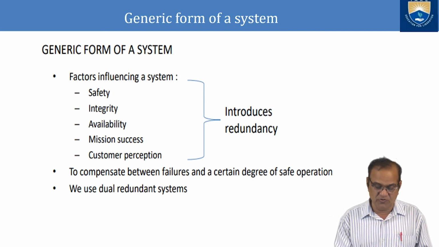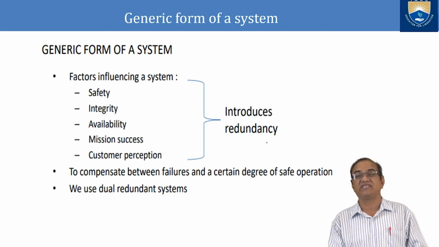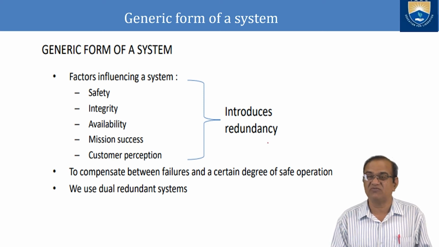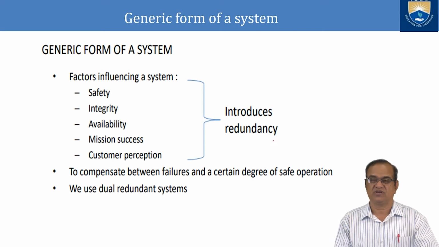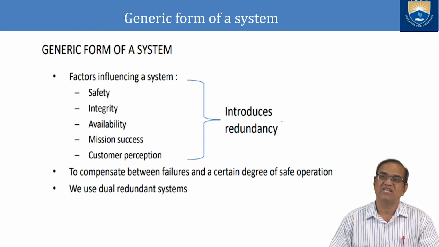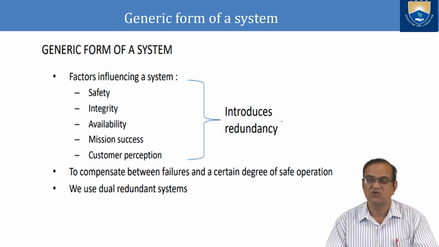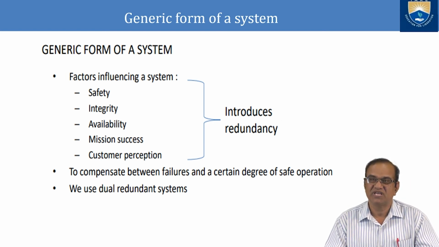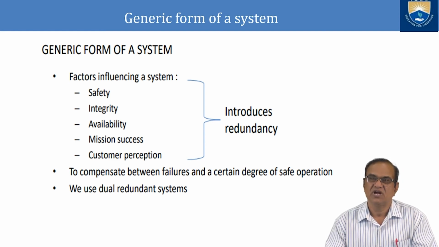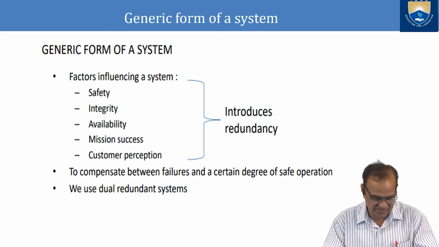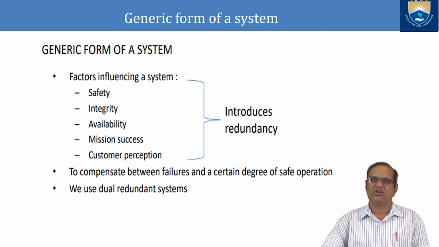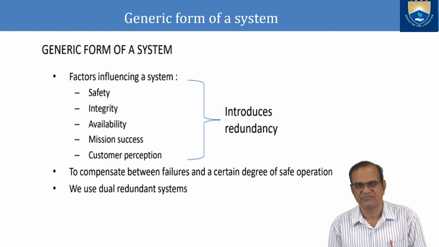If you make all this good, then it will introduce redundancy. The failure capacity of your system will be reduced. In aircraft, we use a very high level of redundancy so that it can be used for a long time. To compensate between failure and a certain degree of safe operation, we use a dual redundant system.